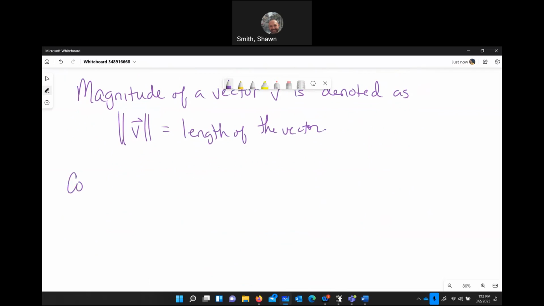Component form of a vector. This is like ordered pairs.